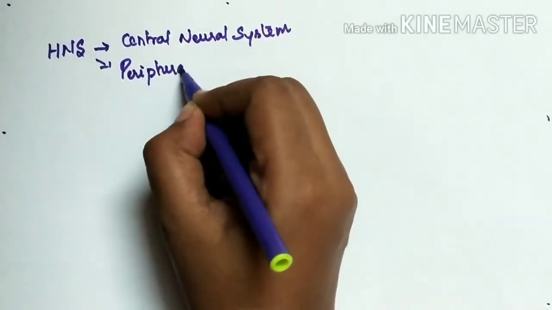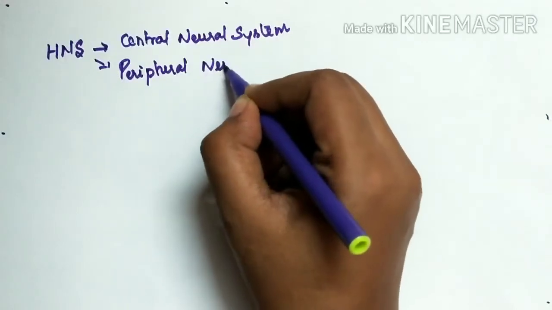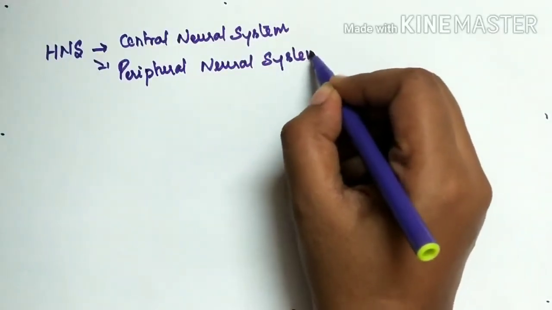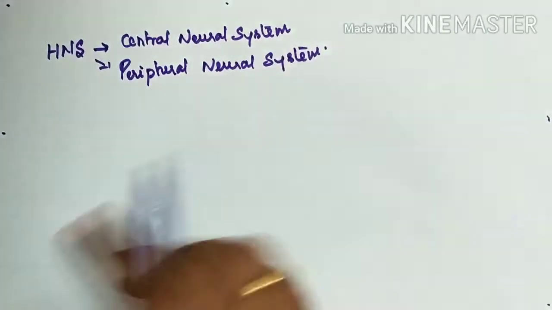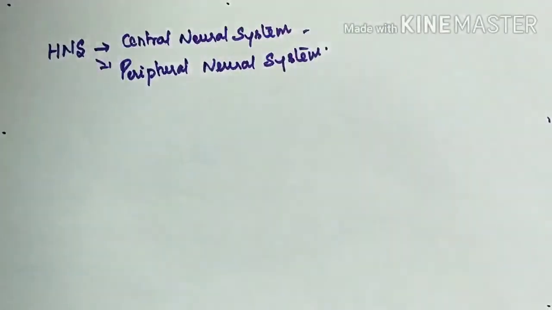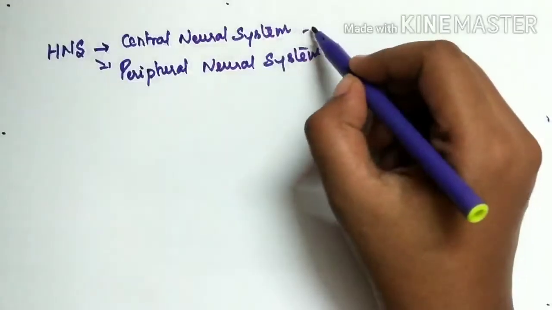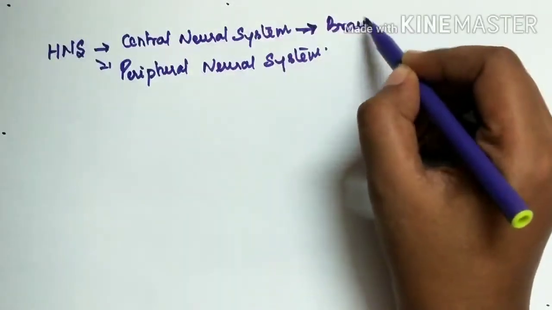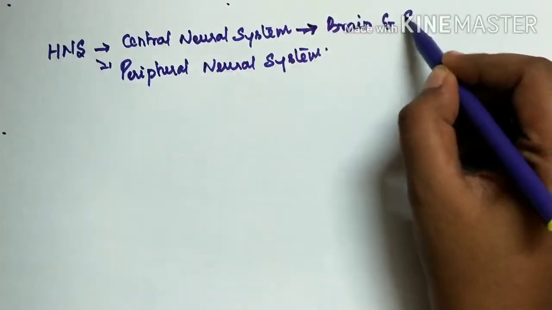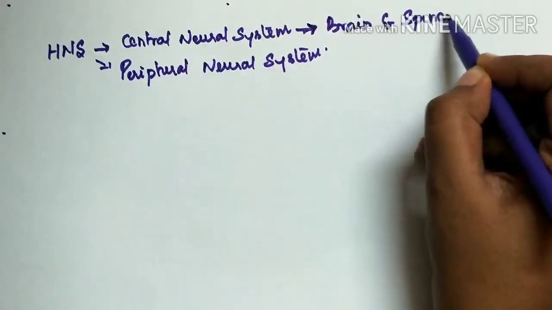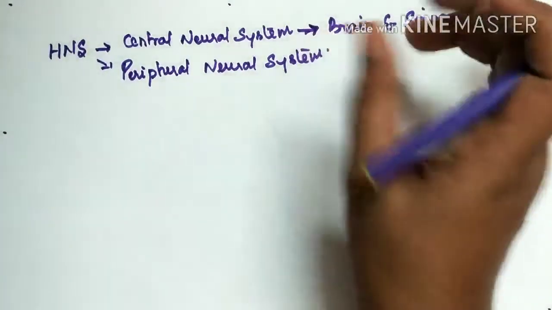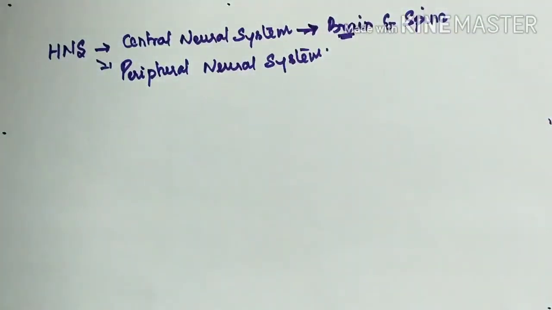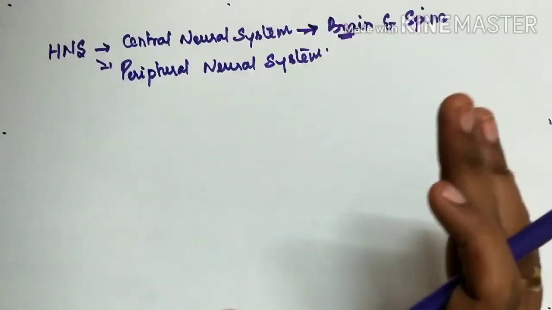The central neural system comprises the brain and spinal cord. In this session we are going to see about the brain.